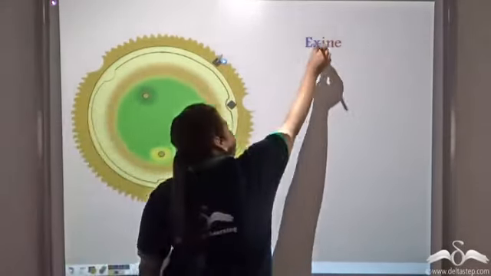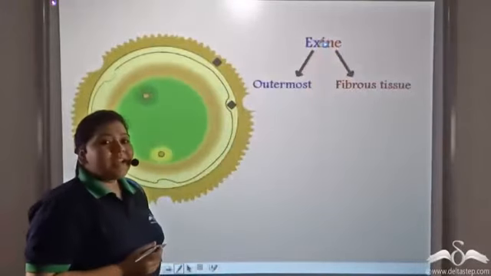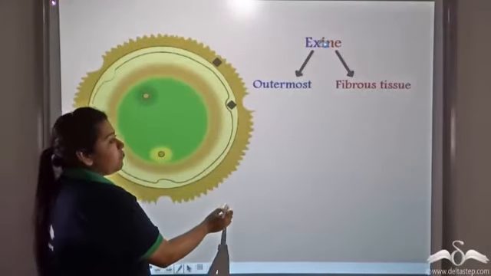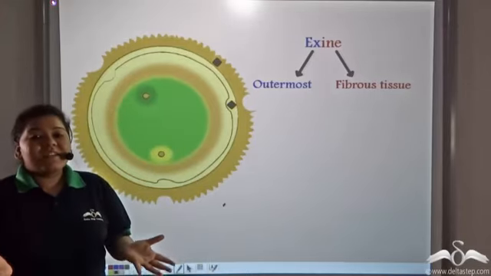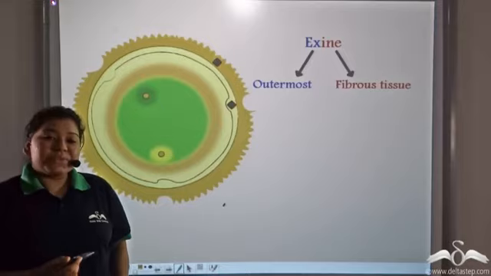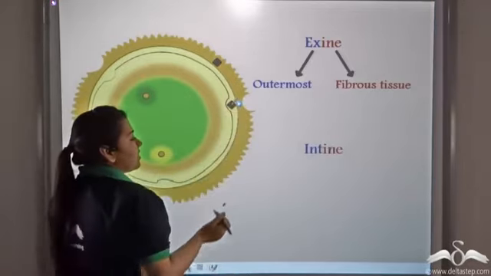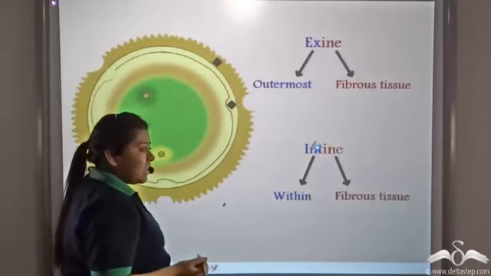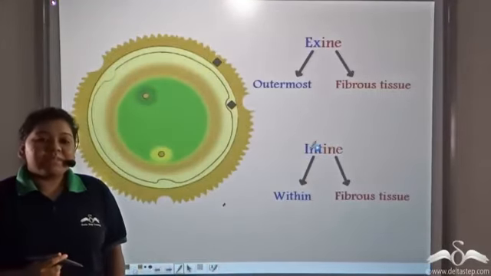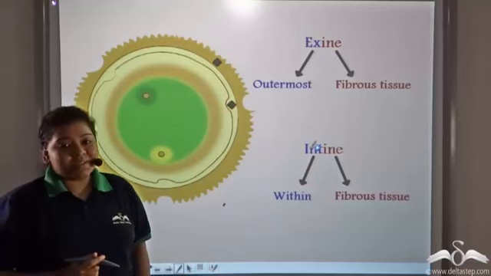Ex means outermost and ine means the fibrous tissue. And the inner bladder-like layer is known as the intine. Int means within and ine means the fibrous tissue.